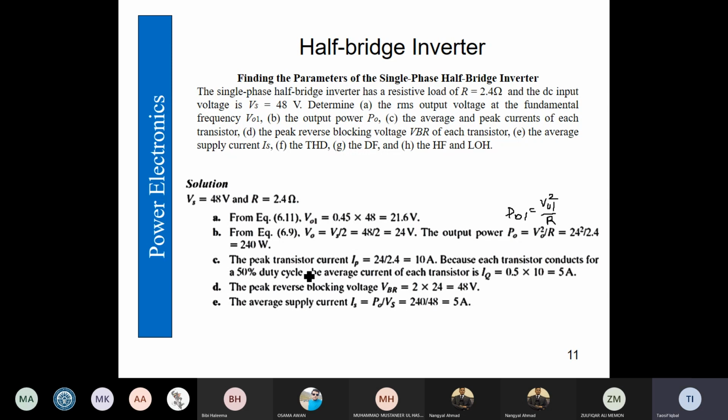Now next is to find out the peak current for each transistor, and peak current we can find out by the total voltage Vout 24 volts divided by 2.4 ohms resistance is going to give us the peak current.